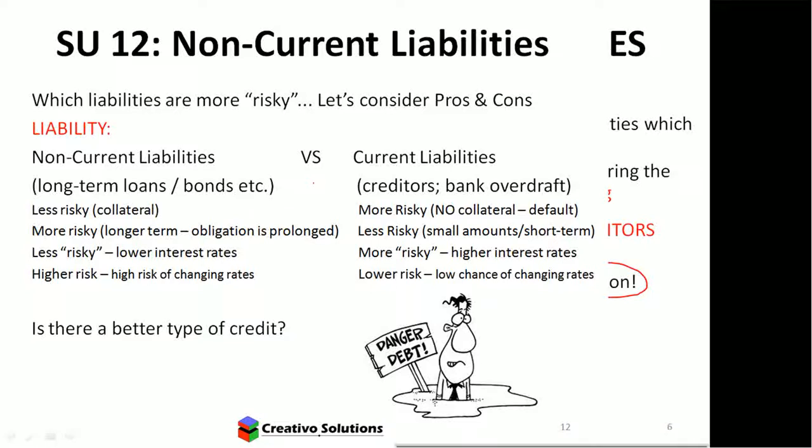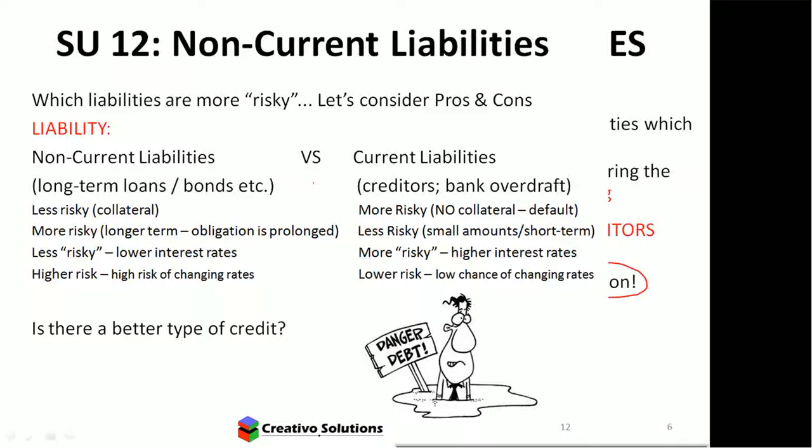No, because it creates more risk, it creates more problems in a way. So those problems need to be managed and they need to be fixed. If I'm looking at a better form of finance, it all depends on what your goal is. If I'm going to be buying land and buildings, would I go non-current or current? I'll go non-current. If I'm looking at buying stock, would I go non-current or current?